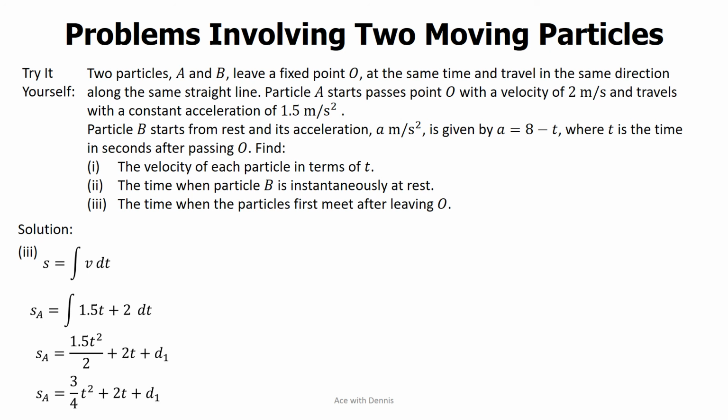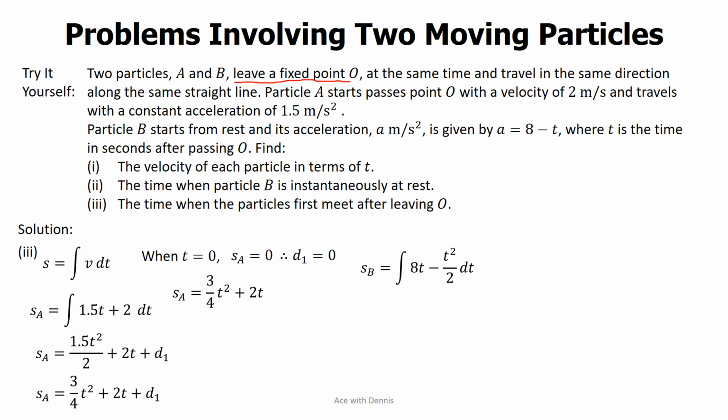And we simplify it, we get SA equals 3 over 4 t squared plus 2t plus d1. So when t equals 0, SA equals 0, because both particles leave the fixed point O initially. Hence, d1 is 0. Therefore, SA equals 3 over 4 t squared plus 2t.